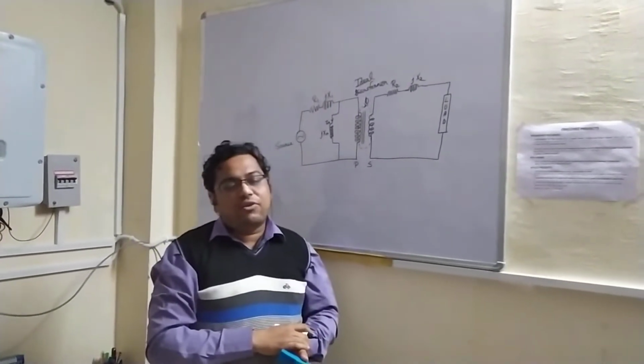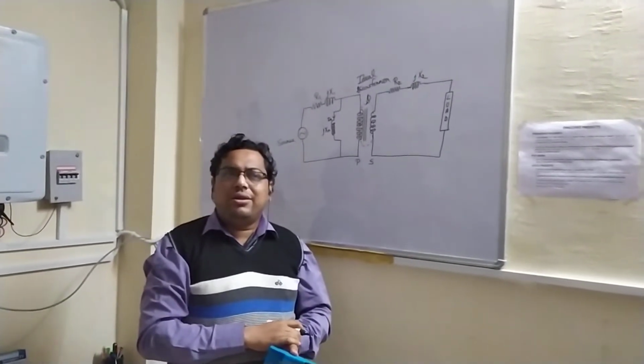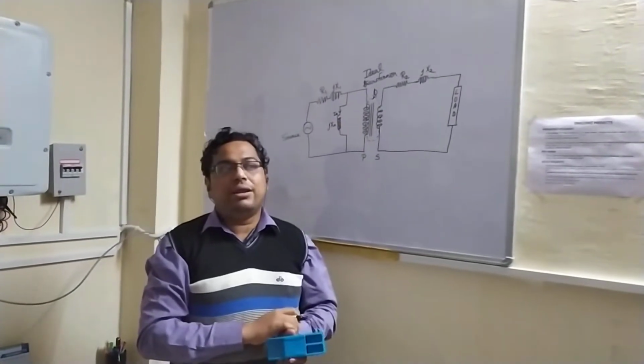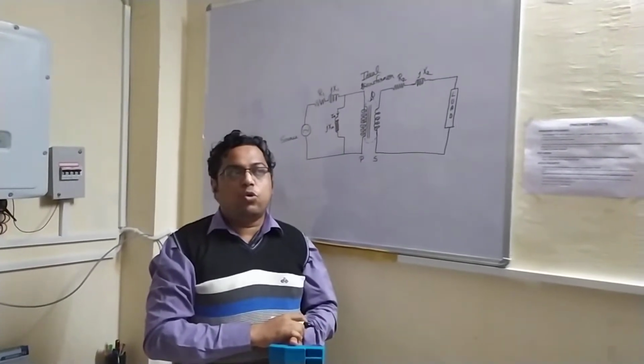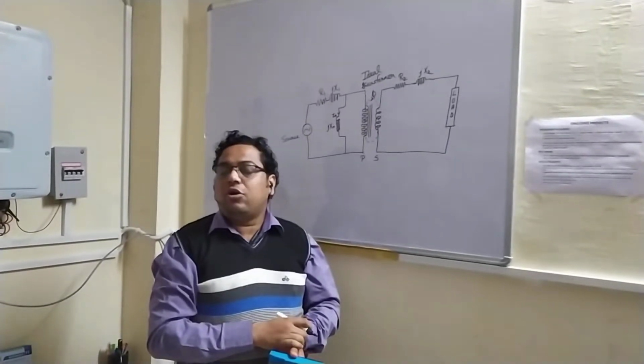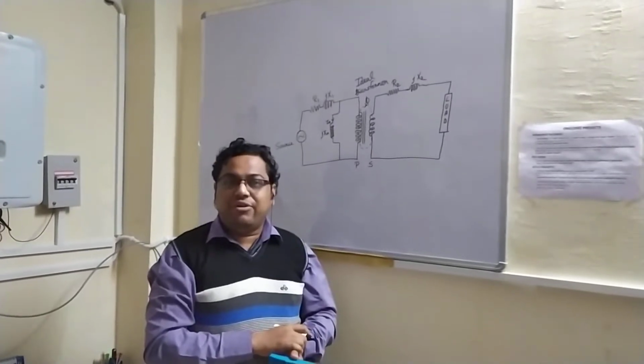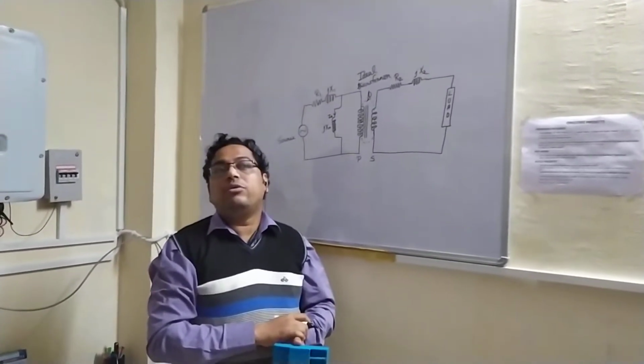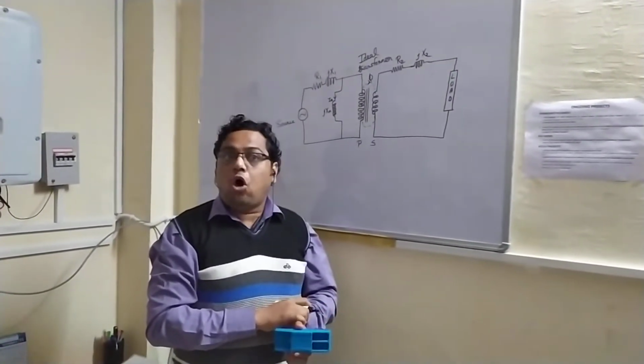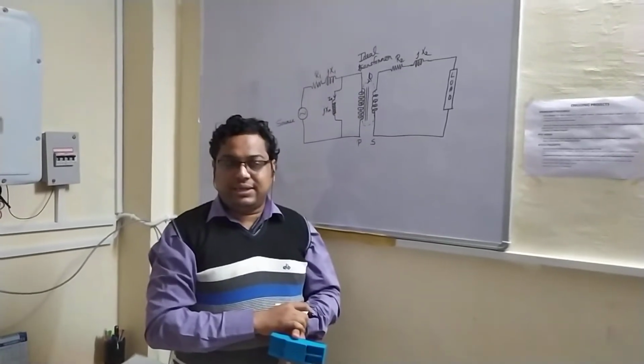Now in the case of an ideal transformer, we assume that there is no core loss occurring in the transformer core. But that might not be the case. There will be some core loss in a transformer. And generally we know that we represent the loss as a resistance.